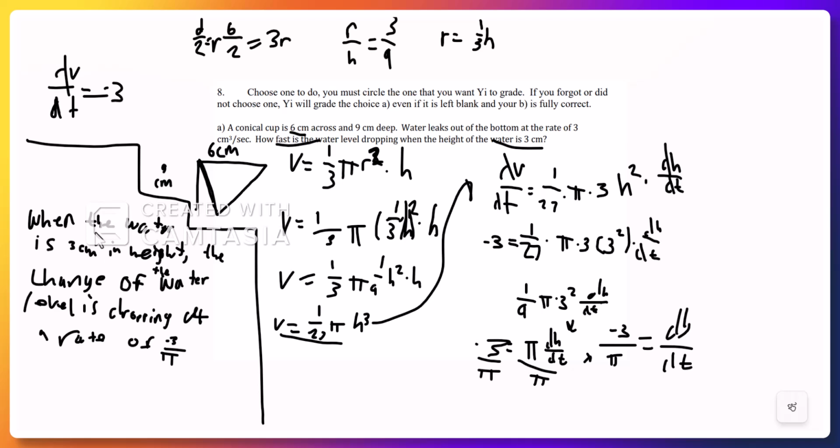So this is saying that when the water is exactly 3 centimeters in height, the water level is dropping at a rate of -3 over pi.